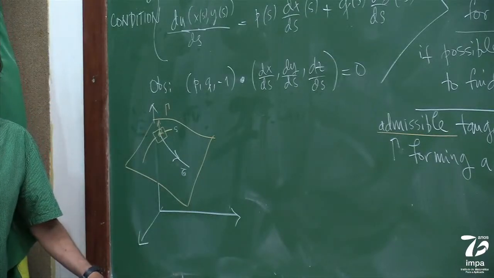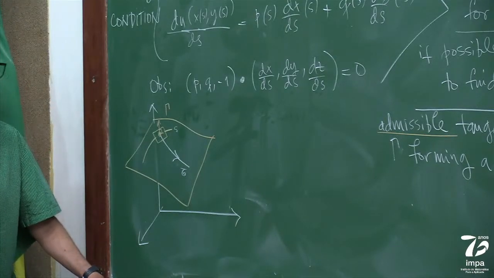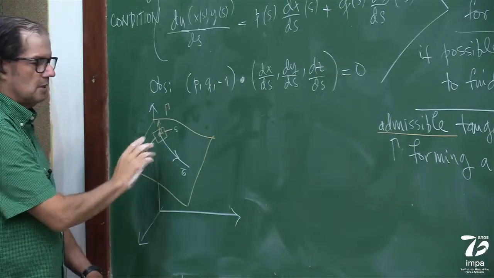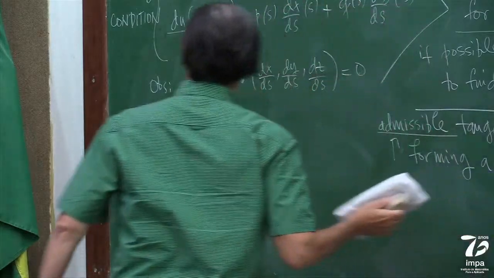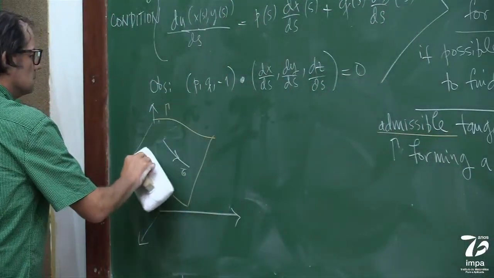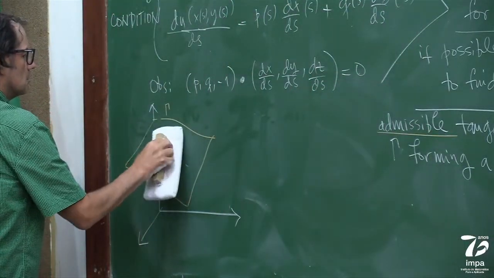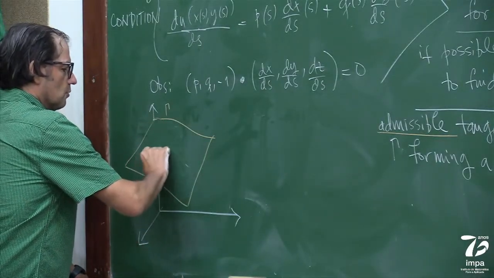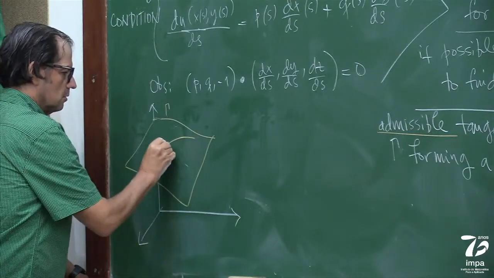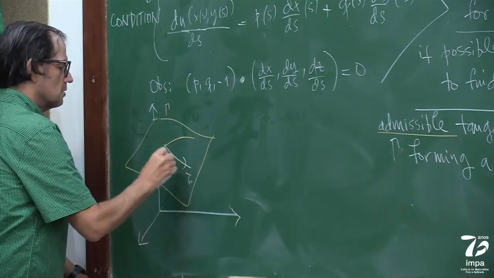Is it too small for you to see? No? Okay. Let me make it bigger, also for the video. So I'm putting it more in the middle. Cauchy curve, maybe a characteristic in the tau direction.